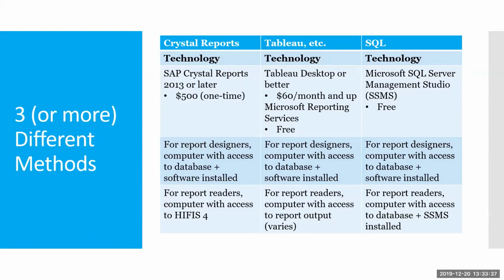For some other software like Microsoft Reporting Services, you might have to also have the software installed on your computer, or you might have to specifically host the report on a server or do something else. So again, this category has a lot of variability, but you would need some separate way for people to be able to access the output.